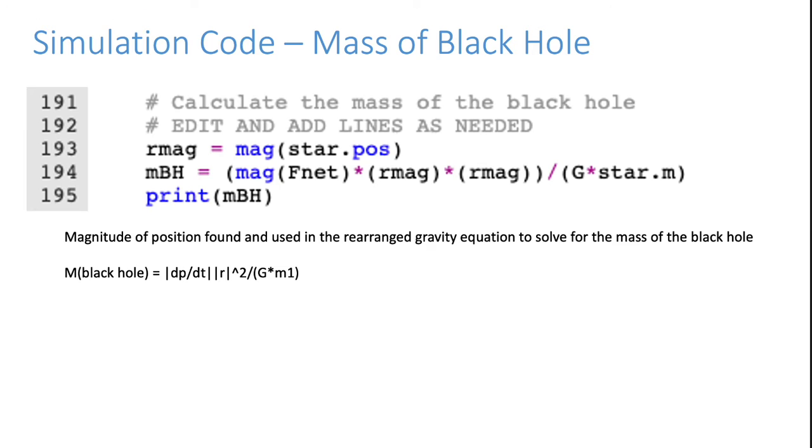And I simulated the mass of the black hole using Rmag being the magnitude of the star position vector, and the mass of the black hole being magnitude of F net times Rmag squared over big G times the mass of the star. And that corresponds to the equation that I had shown earlier on this slide.